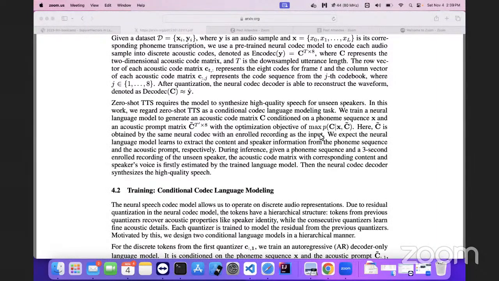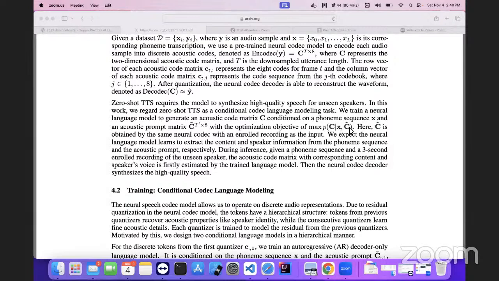So what they are trying to generate as an output is the latent vector representation of the output. Let's call that C, given X, which is your phoneme representation of your text input. And C tilde, what is C tilde? This is your latent vector representation of your speaker identity, your 3-second sample, the style you want from that speaker.